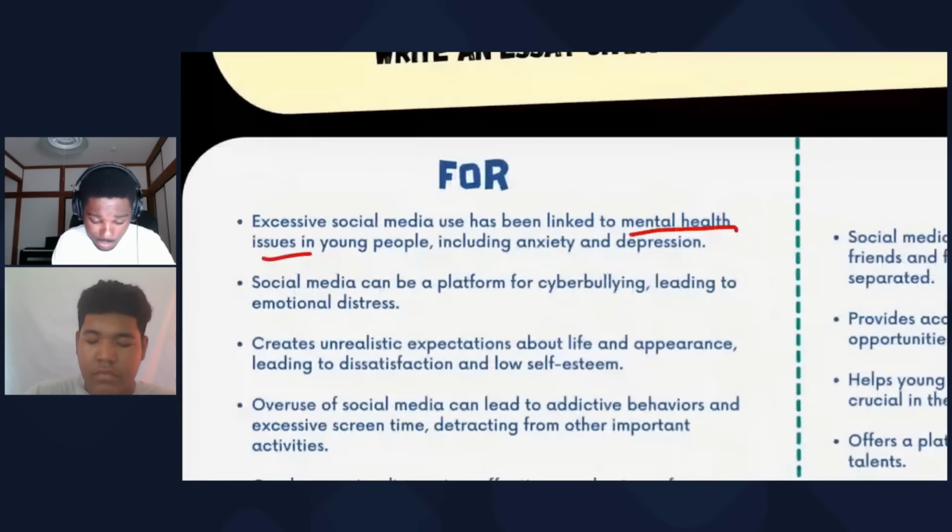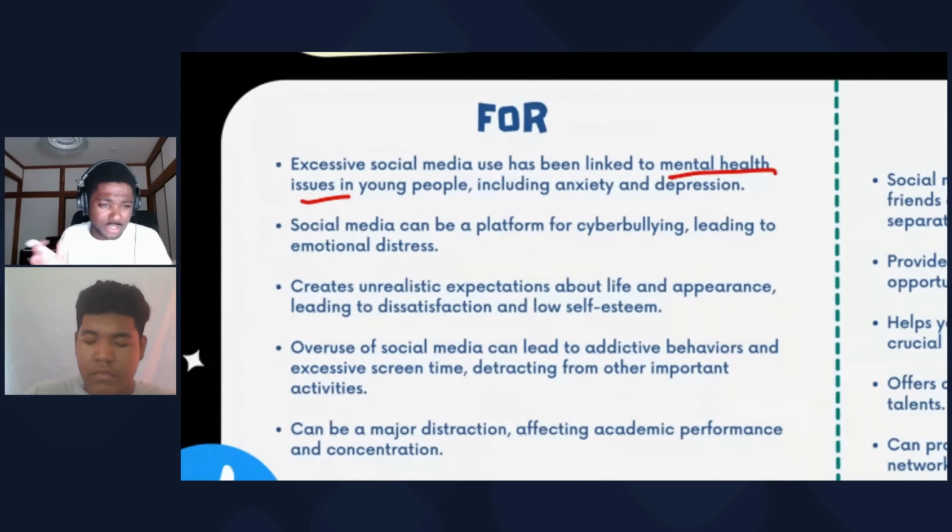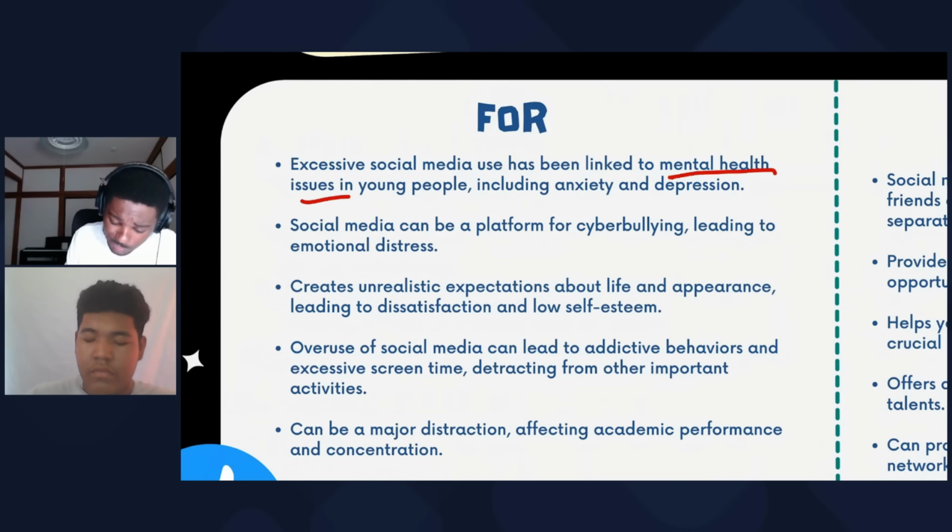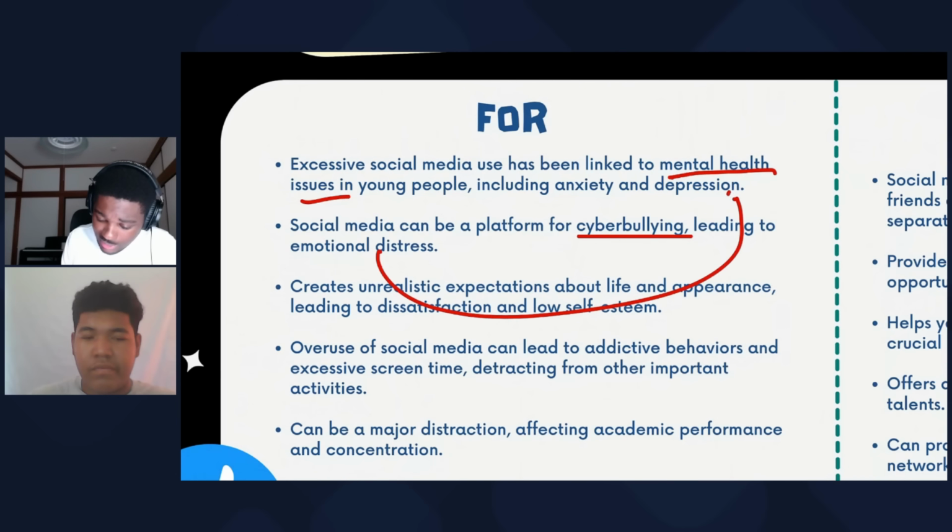I think that's a fair point. So I could write a paragraph on that. Social media can be a platform for cyberbullying, and this would now connect back to the mental health. So okay, that's another point that kind of connects. That's a good idea, right?